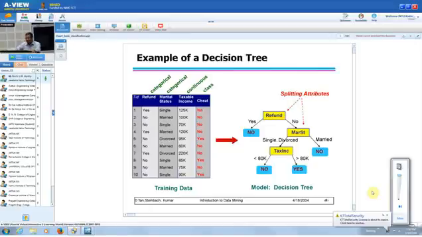So leaf node will have again only one input, no output. Root node will have no input, one or more output. Leaf node will have one input and no output.